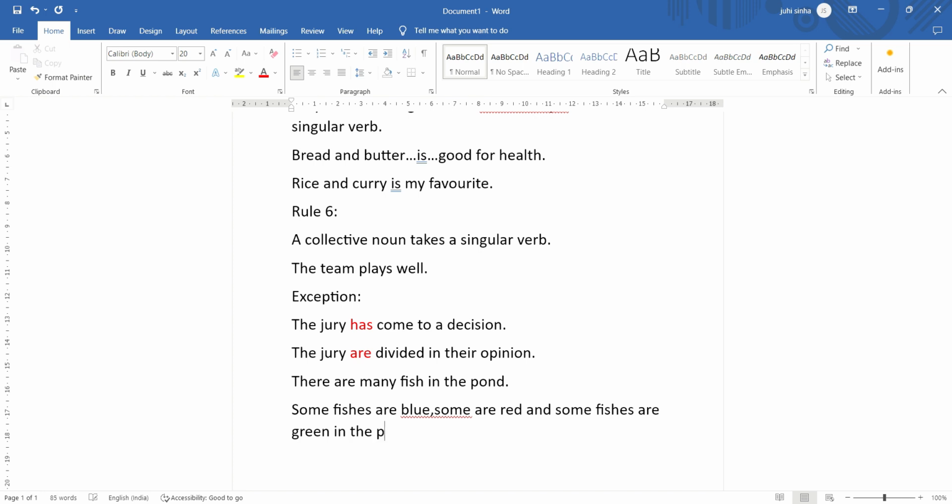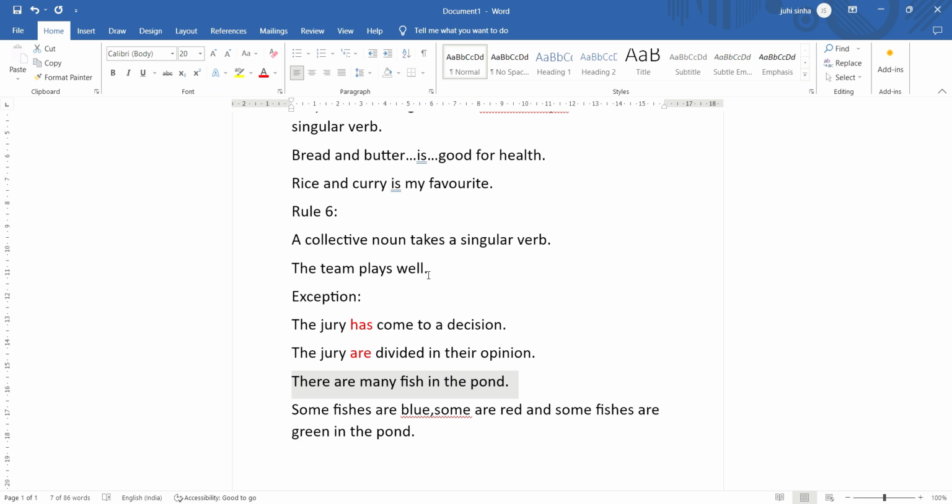So here, as we can see, we are dividing the fish into groups. Some fishes, like if we take the first sentence, there are many fish in the pond. We are talking about fish as a whole. But now if I have to differentiate amongst the fishes, based on their color, some are blue, some are red, some are green.